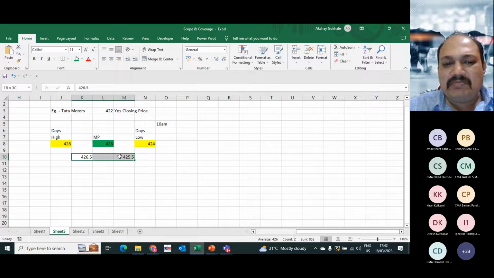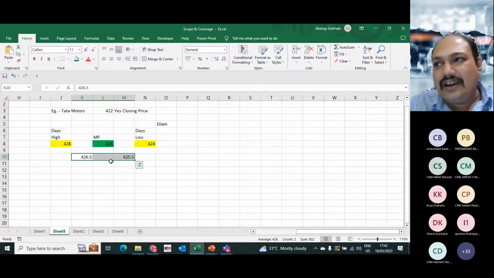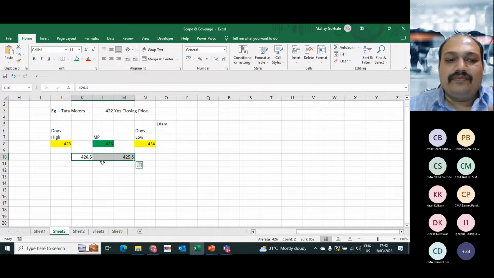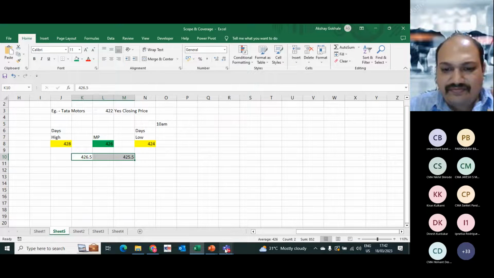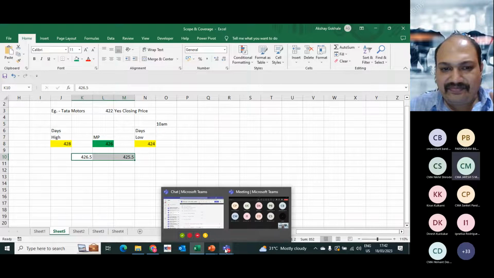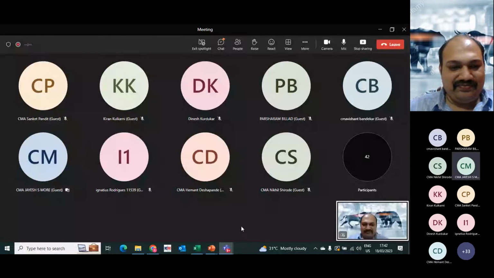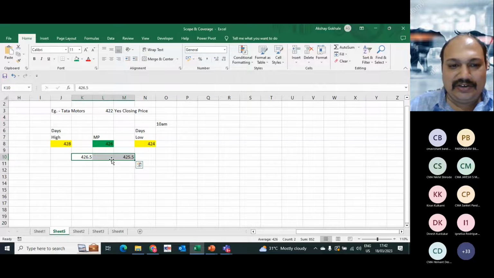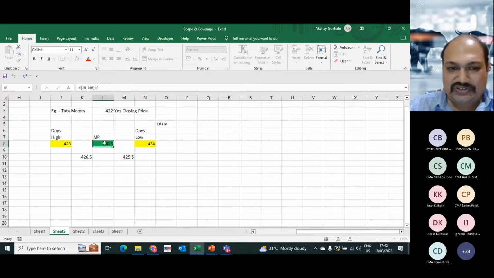This is your maximum risk of rupees 1, and that is the maximum loss you can make. Sir, I have a question. What will be the stop loss for this strategy? Nothing, this is the stop loss only. Your midpoint will be your stop loss.